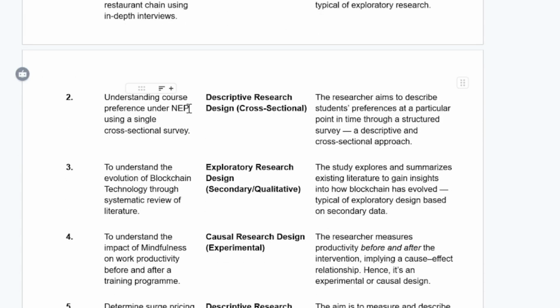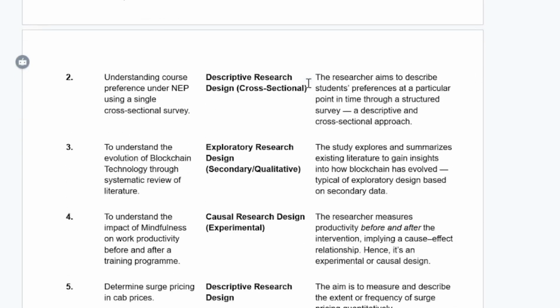Now the second point is understanding course preference under NEP using a single cross-sectional survey. So cross-sectional is a type of descriptive research. Here the researcher aims to describe students' preference at a particular point in time through a structured survey, a descriptive and cross-sectional approach. So this is about descriptive, second point.